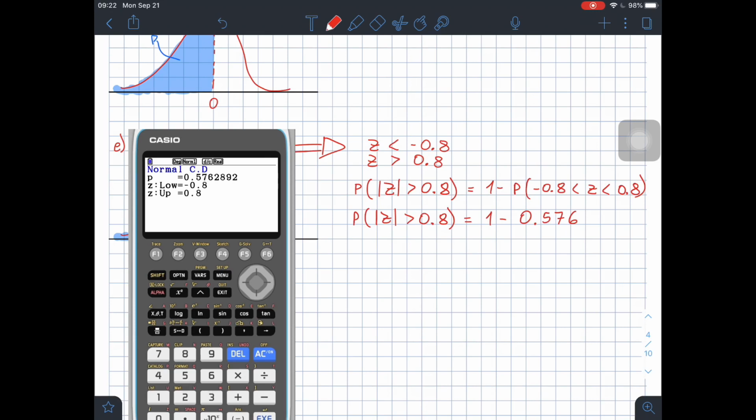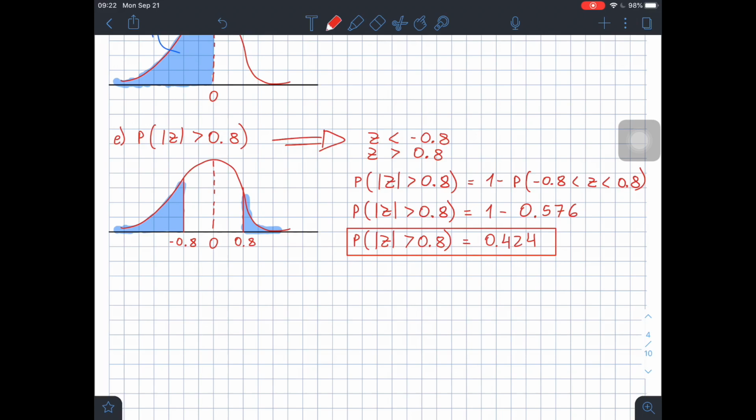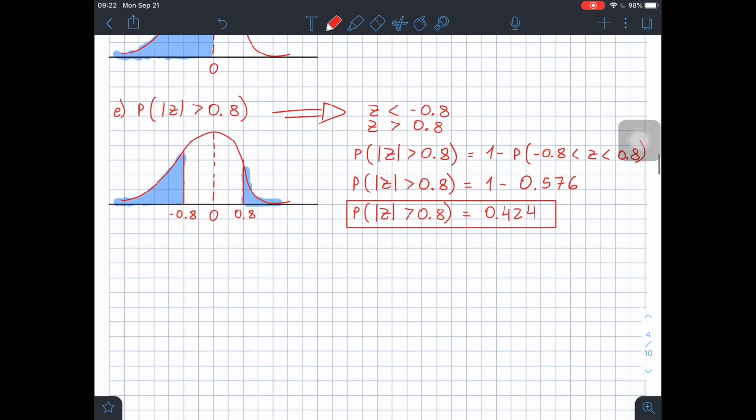So once we have done that, we can find the probability of the absolute value of C greater than 0.8, and this would be equal to 0.424. Okay, this is the probability of the absolute value of Z being greater than 0.8. And if you take a look at the graph, you should realize that actually this is not a perfect graph, but this region over here must be the same as this region over here because we're talking about a symmetrical bell-shaped curve.